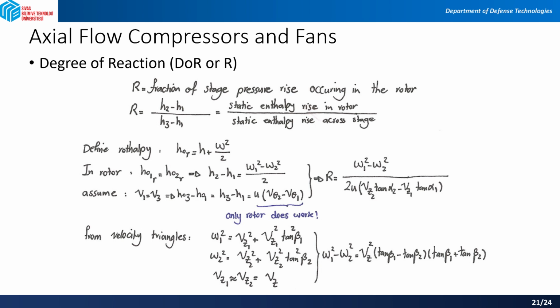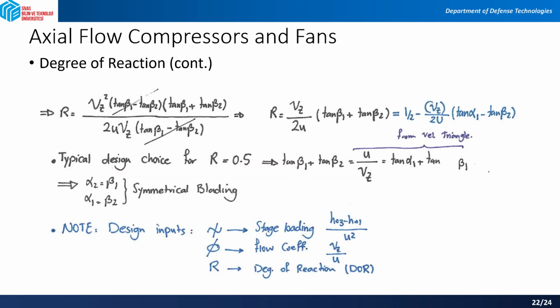So if I ask you what the degree of reaction is, you can say that it is the amount of the static enthalpy increase in the rotor to its increase in the whole stage. That's it. And if you continue, you can simplify it and end up with this formula in here.